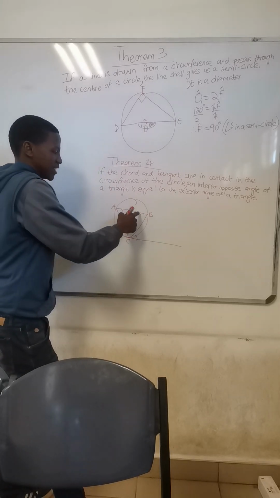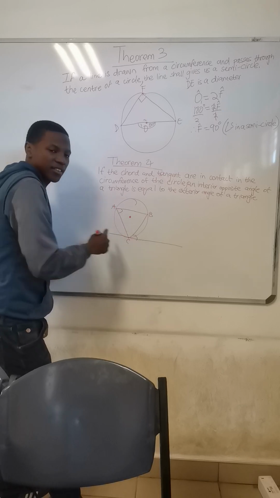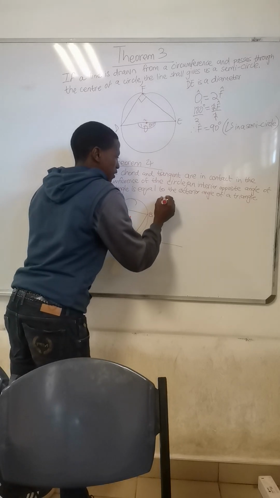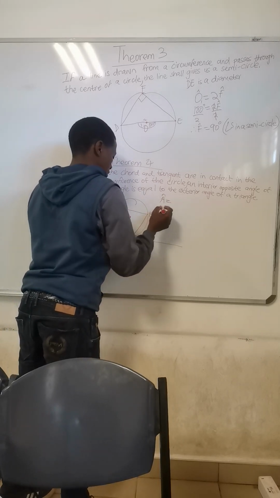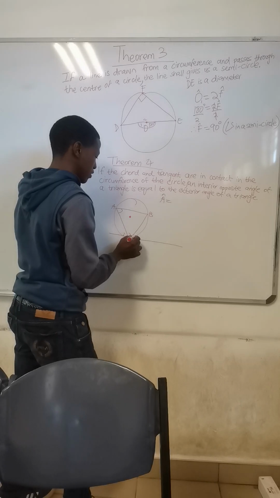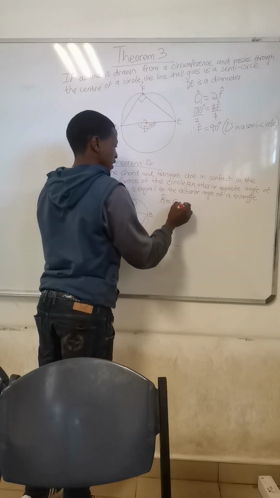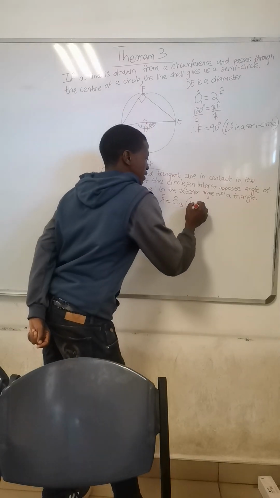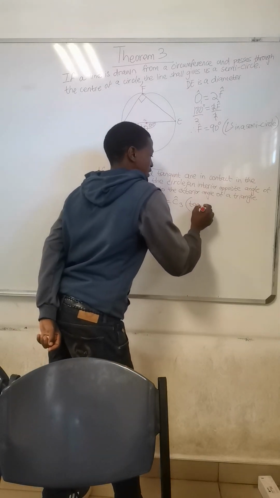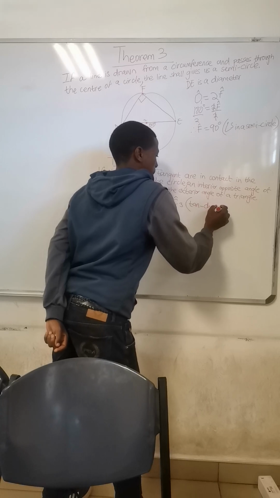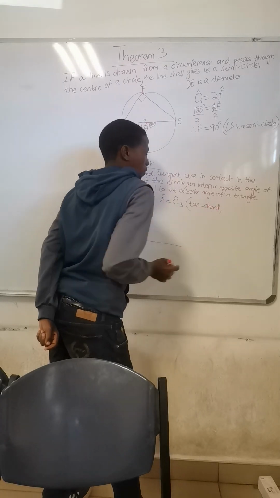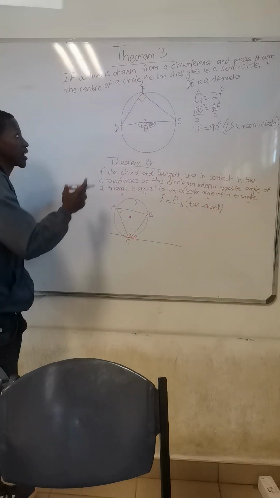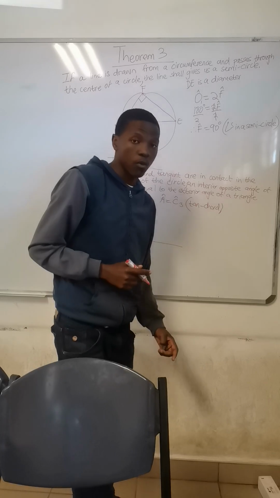Because they are subtended by the same chord. Do you get it? Therefore, A is equal to, let's say this is C1, this is C2, this is C3, is equal to C3. Which means you are going to say tan chord. Do you get it? This is your reasoning when it comes to theorem 3 and 4.